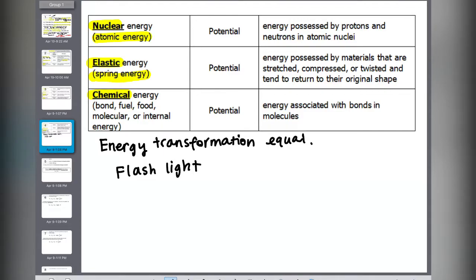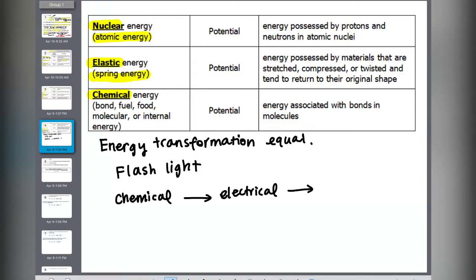The flashlight first of all starts off with the battery. Inside the battery, there is chemical energy being stored. When you hook up the circuit, it turns into electrical energy. Electrons start to flow. It's actually a type of current, electrical current energy.